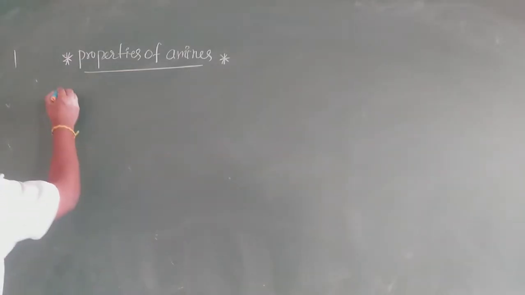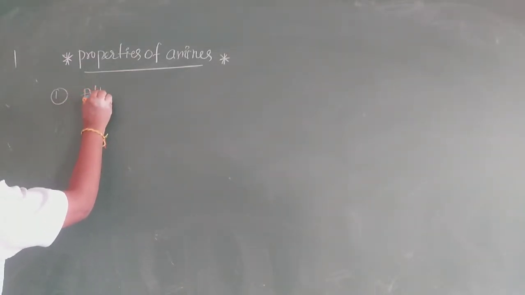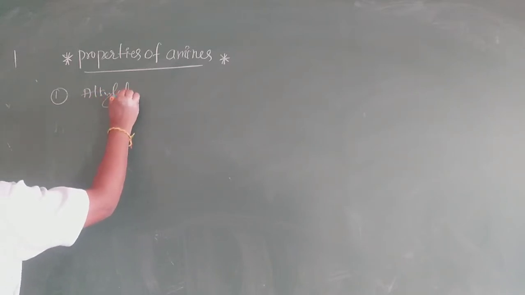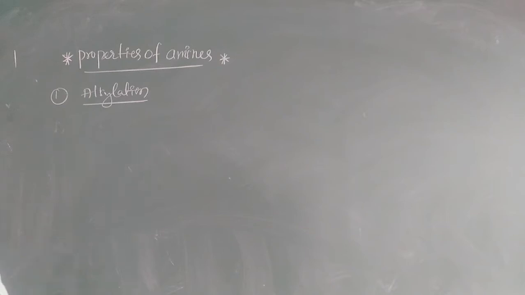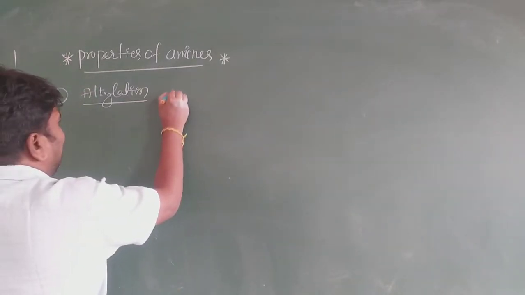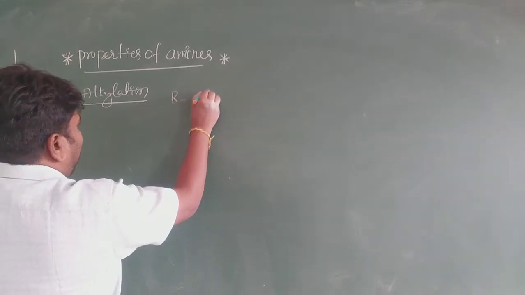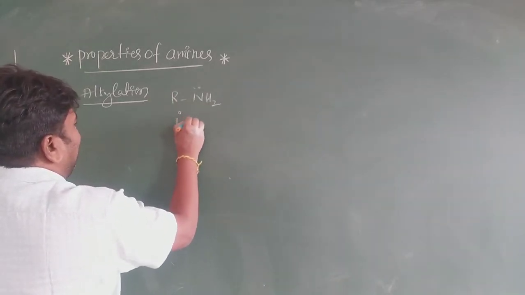First property, it is alkylation. Okay, alkylation. Suppose you take RNH2, it is an amine. It is a primary amine.